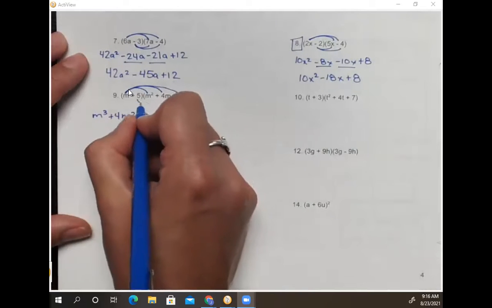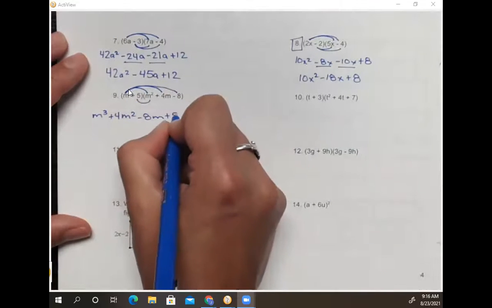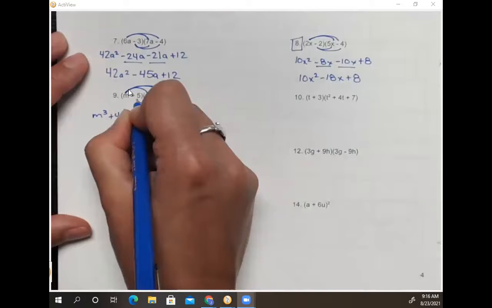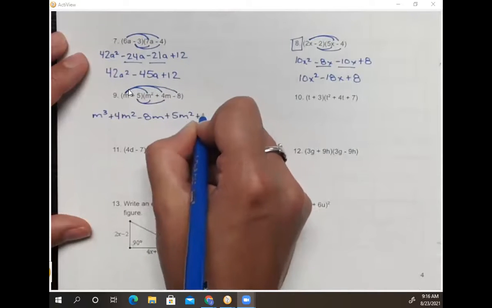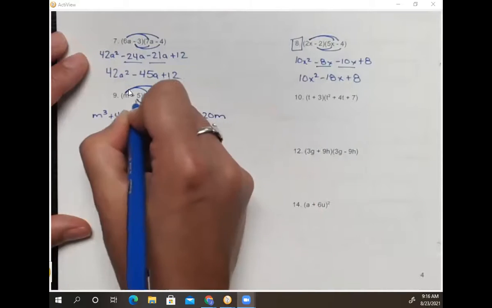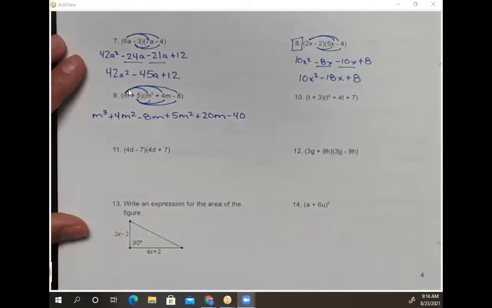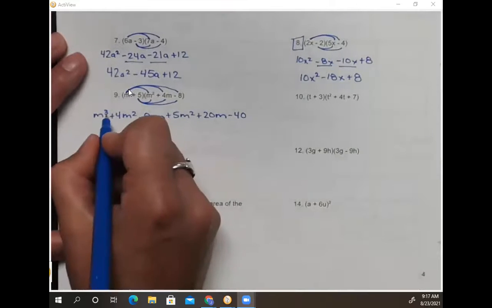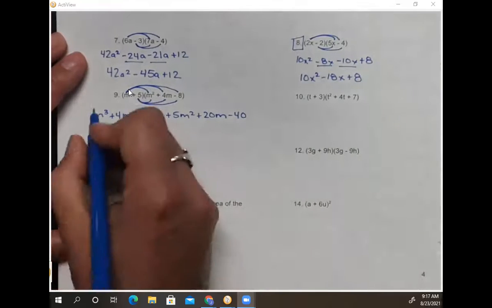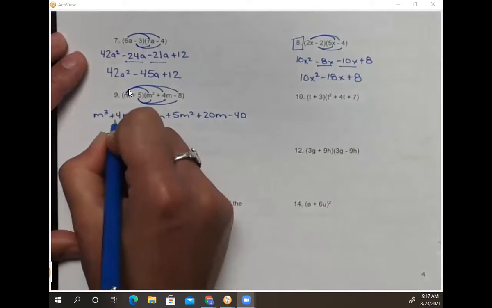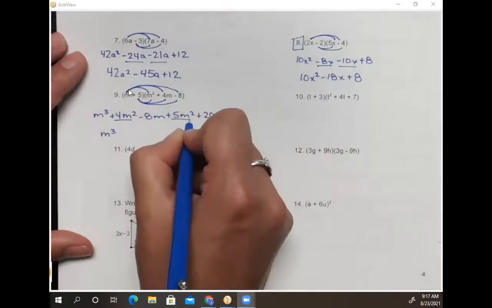Now we'll do the 5. Plus 5m squared plus 20m minus 40. And again, we'll combine like terms here. This is my only m cubed. And then I've got 4m squared plus 5m squared.